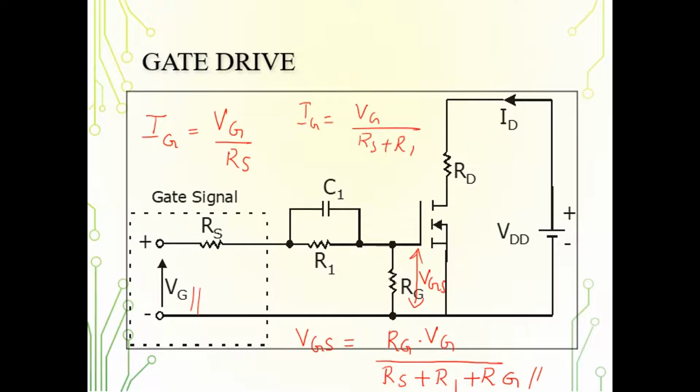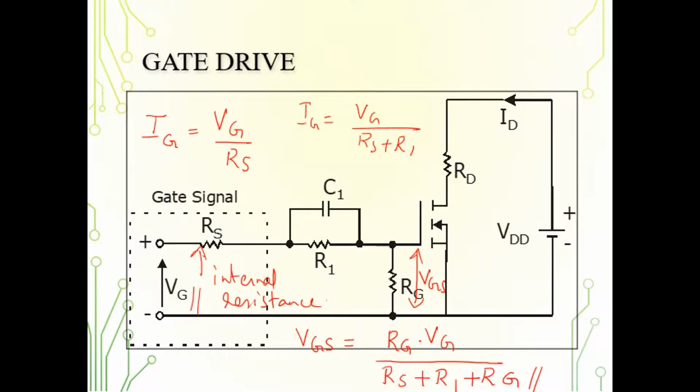This is the steady state value of the gate voltage. This resistance Rs is nothing but the internal resistance of the gate drive source.